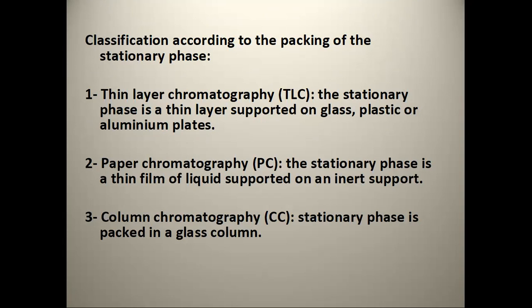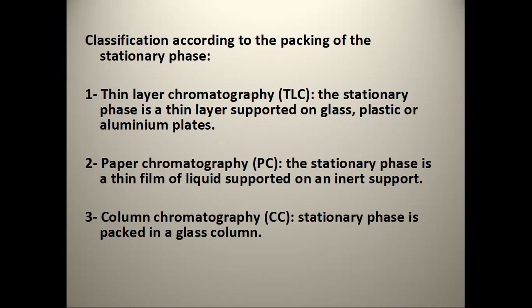Okay? So ito pabaliktad kasi you're pouring the solvent. So you're separating the mixture on the way down. So sa paper chromatography and thin layer chromatography, you're allowing the solvent to go up.